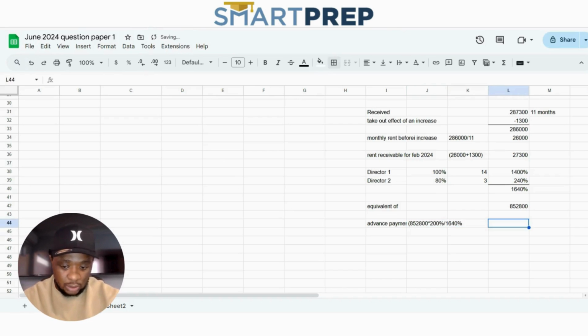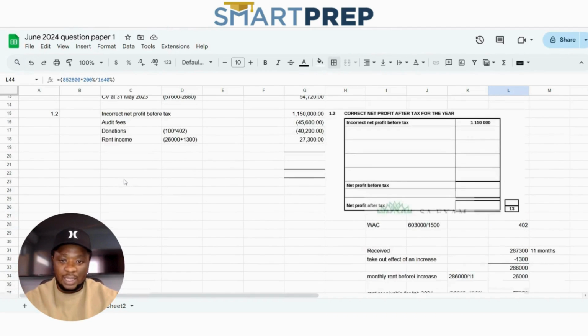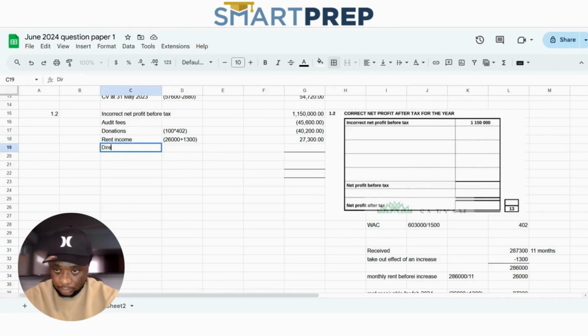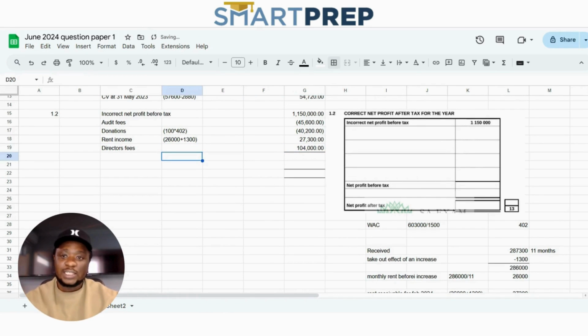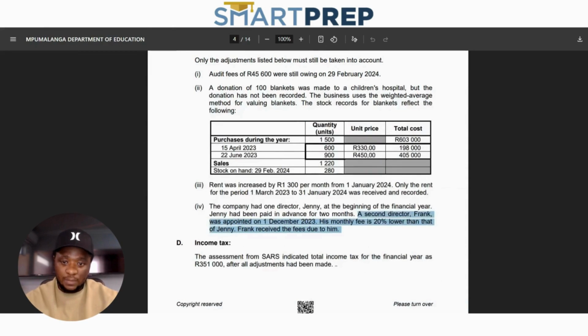When we do that calculation, it will give us 104,000, as you can see. Then the next thing we need to do is come here and do our director's fees. So our director's fees work out to 104,000. Now that we've got our director's fees, I think that's all the information that we have there.